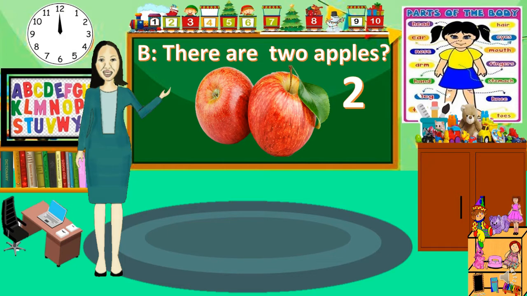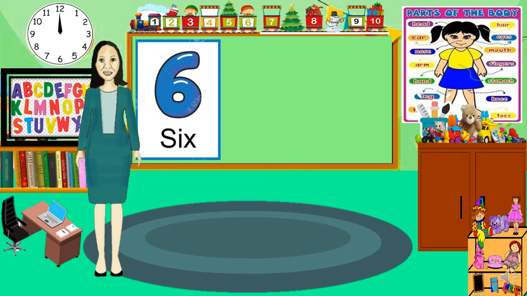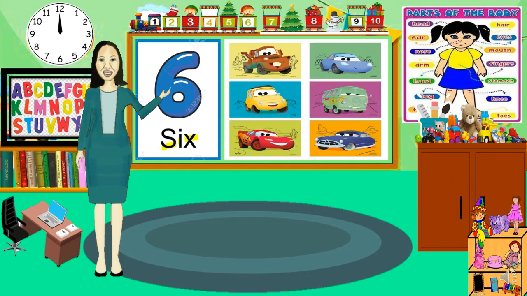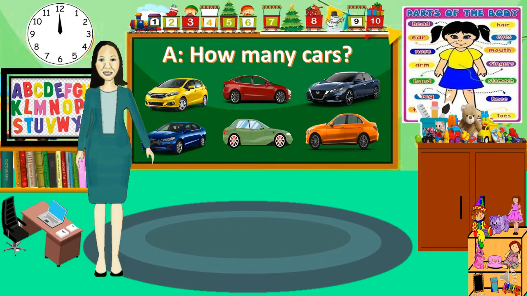You're going to use there are for 2 apples. Okay? 1, 2. 6. S-I-X. 6. Cars. Wow. 1, 2, 3, 4, 5, 6. 6 cars.